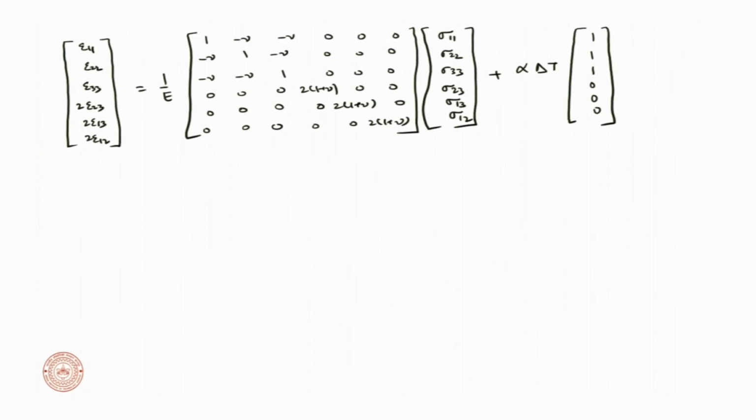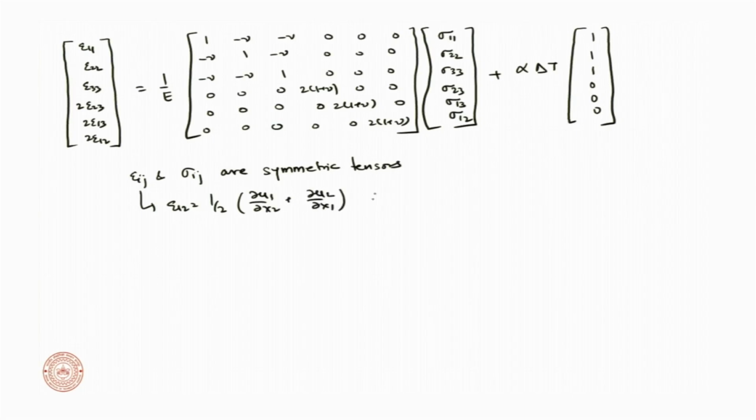Now, before we go to the other side, let's first write down that epsilon ij and sigma ij are symmetric tensors. That's one point. Epsilon ij by definition, our epsilon 12 equals 1 by 2 del u1 by del x2 plus del u2 by del x1, which is equal to 1/2 of the gamma 12.